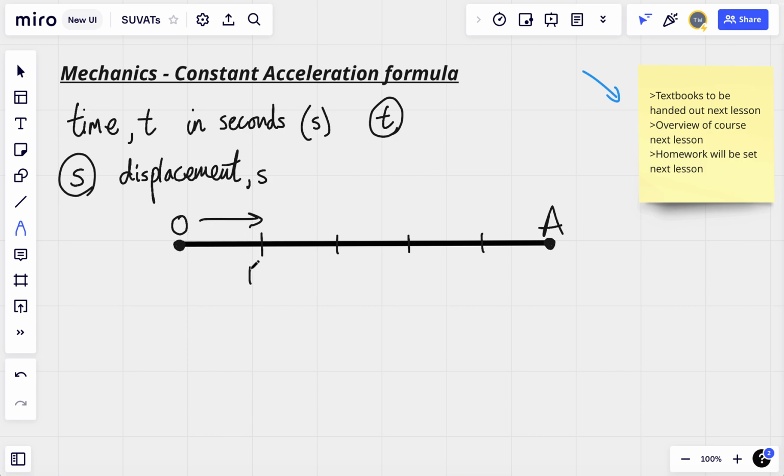Okay, so I could be 1 meter, 2 meters, 3 meters, 4 meters, etc. Let's say that A is 5 meters from the start. So if I'm at this point here, my displacement from 0 is 1. Okay, so my displacement is 1 meter. If I'm here, it's 2, 3, 4, and 5. Okay, that should be obvious.